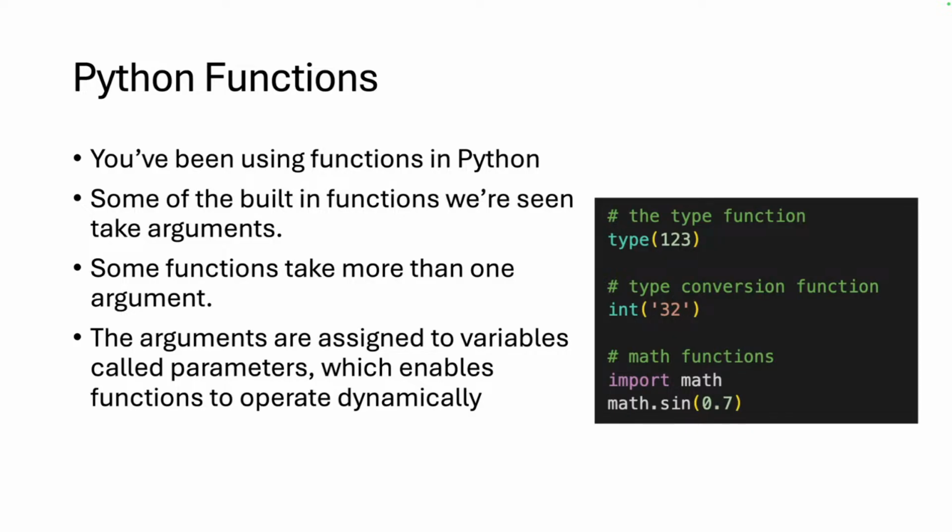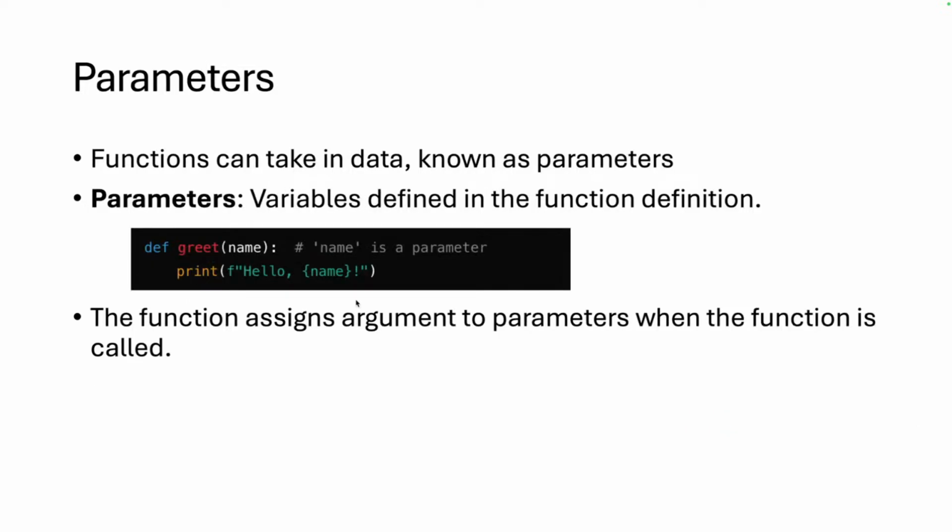In these examples, these functions are each taking one argument. Functions can actually take more than one argument and can be very complex, sophisticated pieces of code. We're just oversimplifying and looking at a simple piece of that. But the arguments are assigned to variables called parameters, which enables functions to operate dynamically. What is a parameter? Functions can take in data known as parameters.